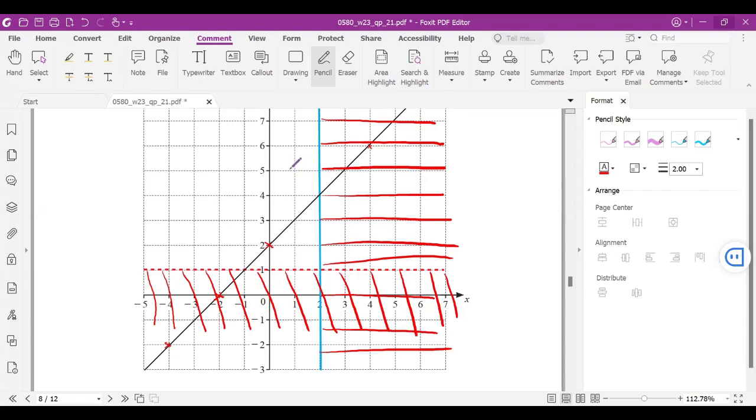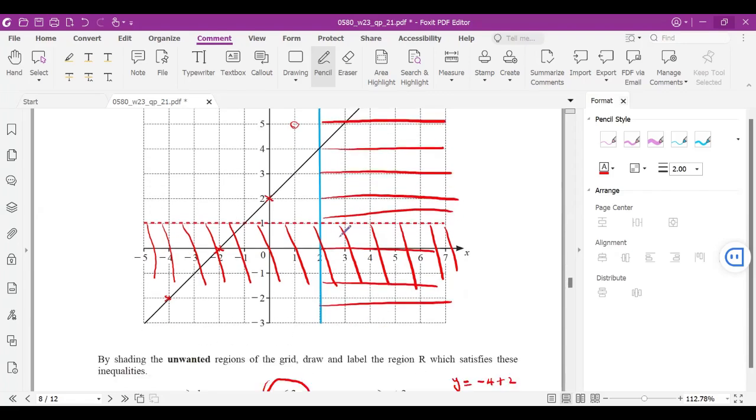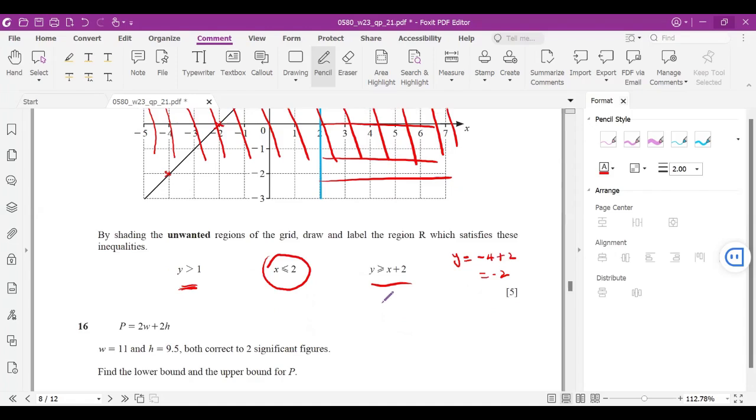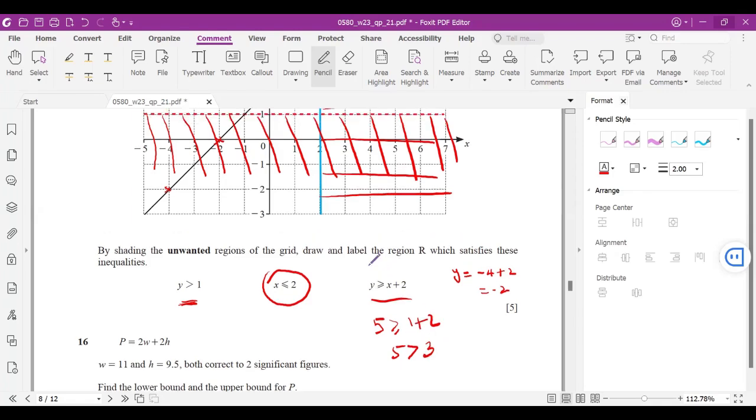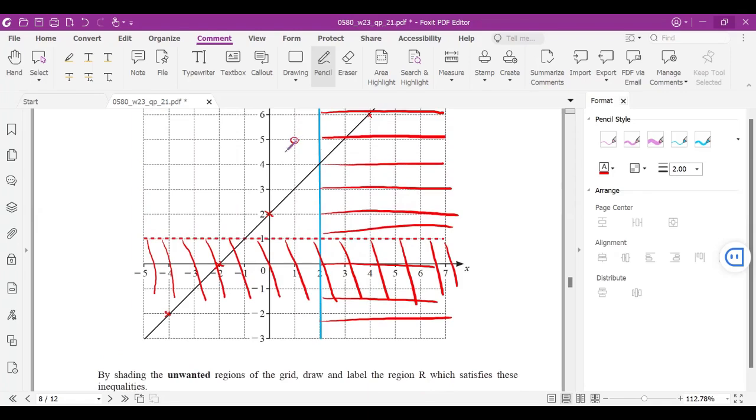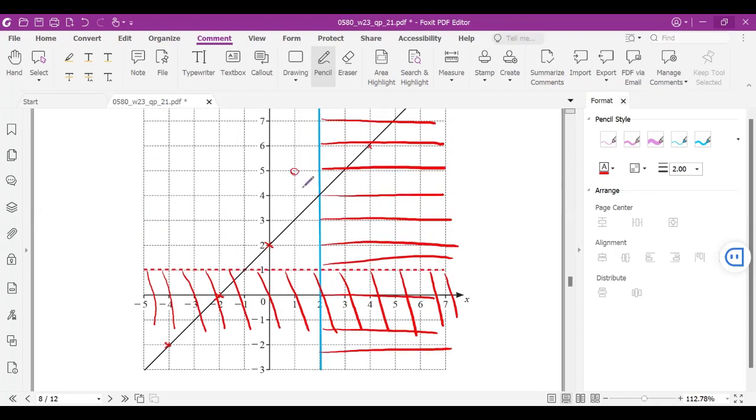So let's look at this point here. Does it satisfy the inequality? We have 5 is greater than or equal to 1 plus 2. Of course, we agree that 5 is greater than 3. So every number above this line satisfies the inequality.